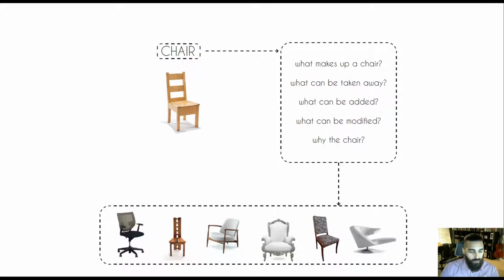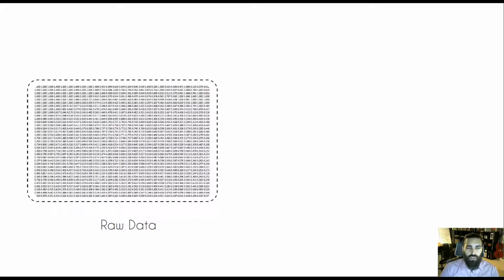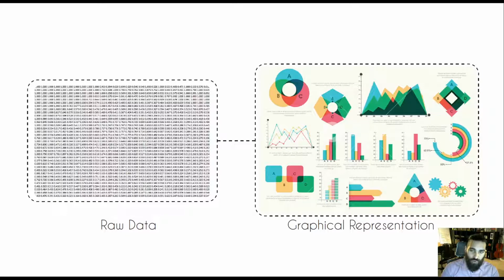And this is just to depict how important language is to us designers. And this brings me to the next slide, which is, if I were to present to you all of these raw data points, and I ask you, please depict to me or explain to me all the possible relationships between these numbers. You probably could do it, but it'll probably take you a few hours to figure it out. But what if I take the exact same information and I show it to you in a graphical way, via statistics and diagrams?